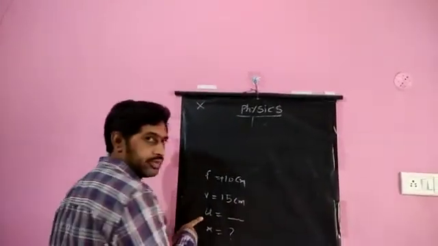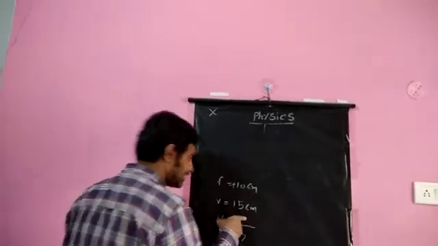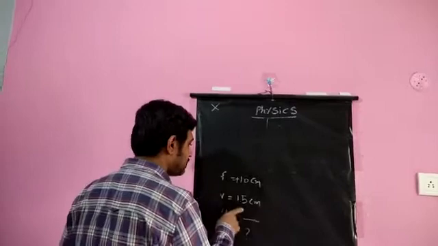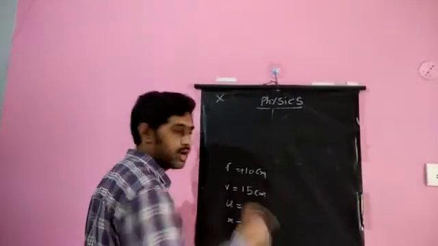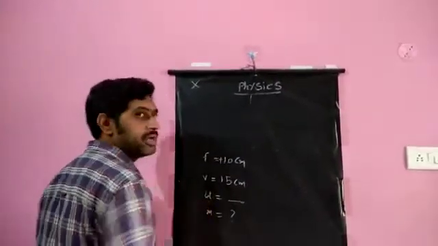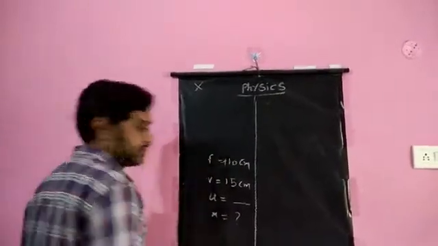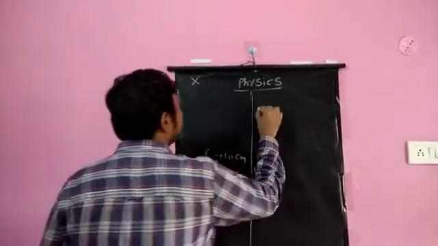Object distance you need to find. Object distance is always negative. If you get this as positive, you need to know that you have done something wrong. U should always be negative when you calculate or when it is given to us. Magnification also we have to find.